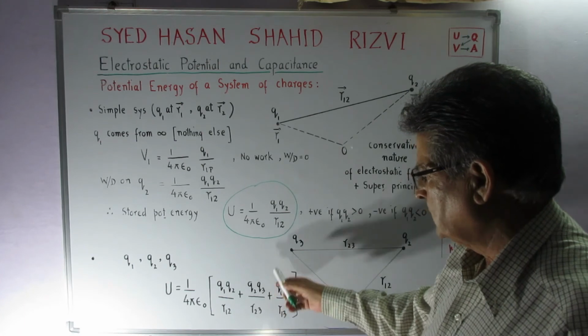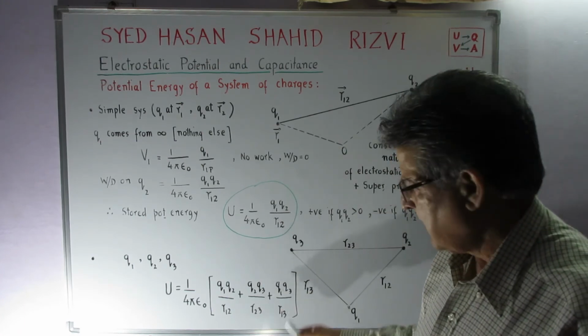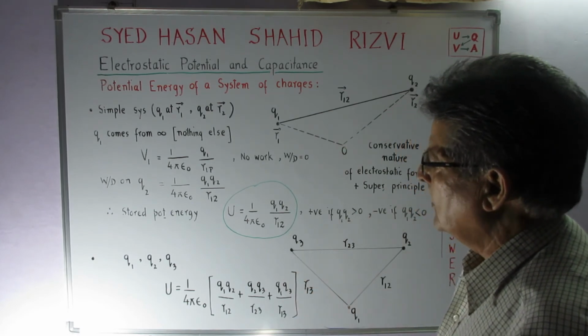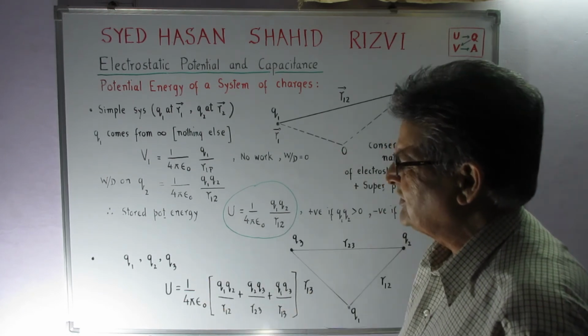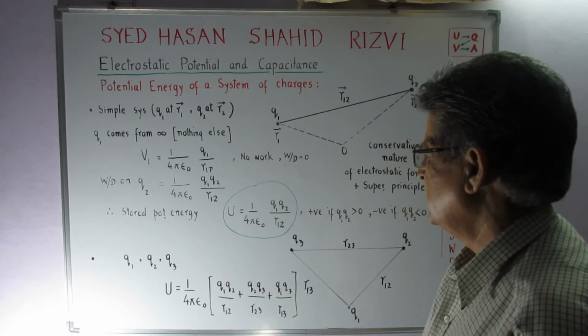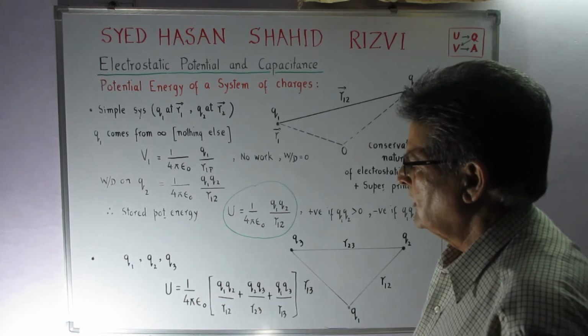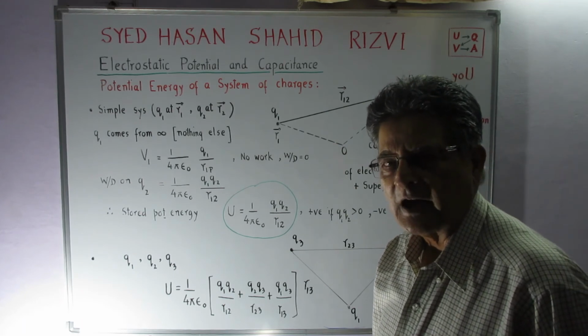So Q2 Q3 and then Q2 Q4, etc. And finally I will have Q3 Q4. So that way, even if we have a system of n charges, it should be possible for us to write the potential energy associated with that assembly.